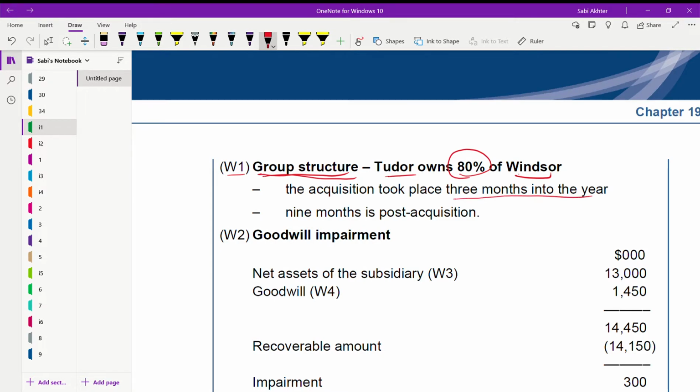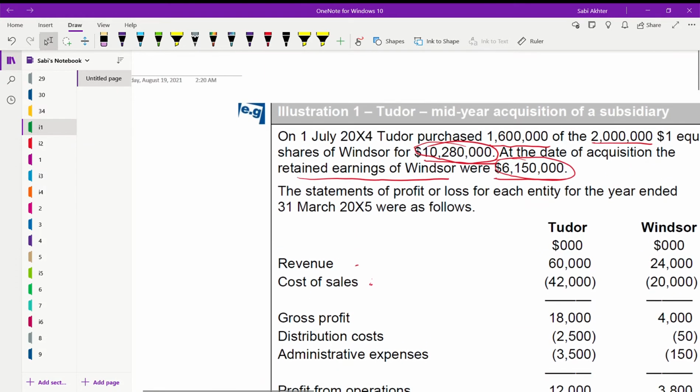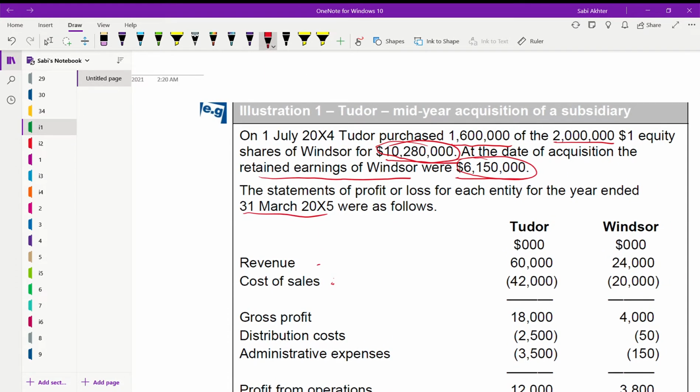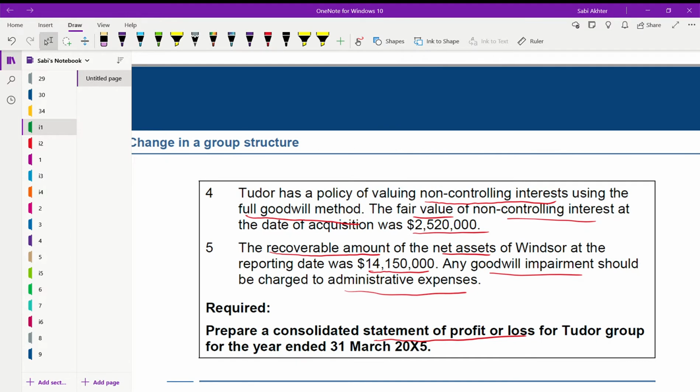Let us look. Year end was 31st March 2005, and he purchased on 1st of July 2004. So July, August, September, October, November, December, January, February and March, 9 months. So it was not for the whole year, 9 months only.